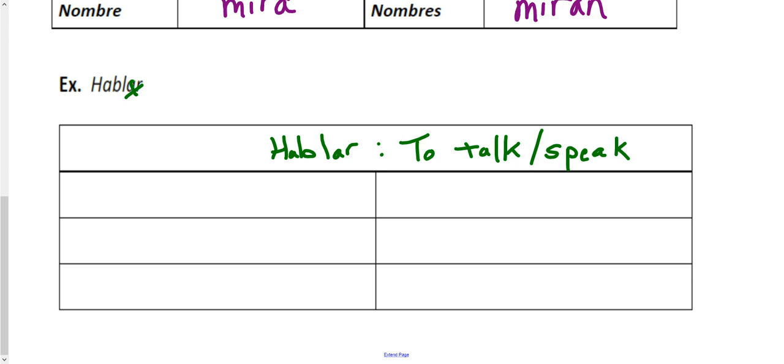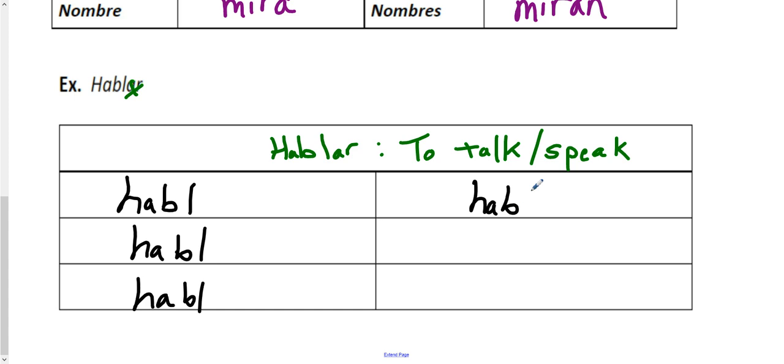And it may actually help you, at least for now, to go through and write that stem, habl, on all 6 of them, because I get to keep that part for every verb. And then you go through and add your endings.